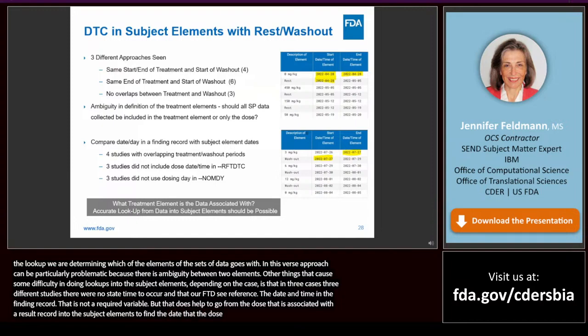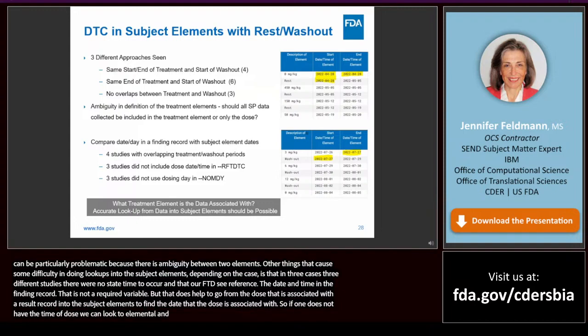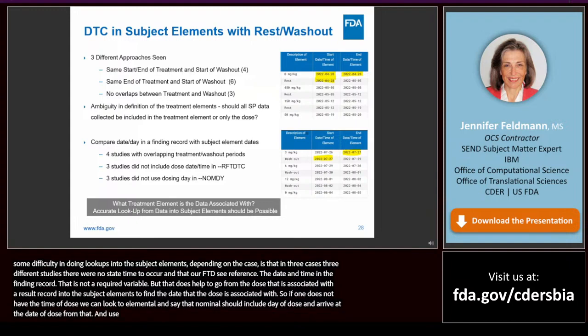So if one doesn't have the date time of dose, we can look to the nominal day and say, well, the nominal day should include the day of dose. We can derive the date of dose from that nominal day and use that for a lookup into the subject elements, again, to find that treatment element, so we have the dose level.